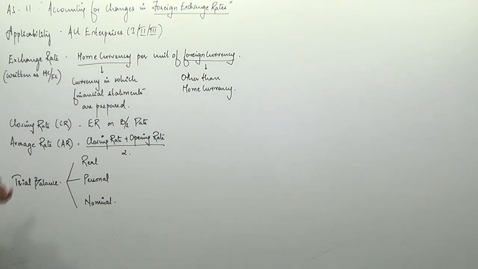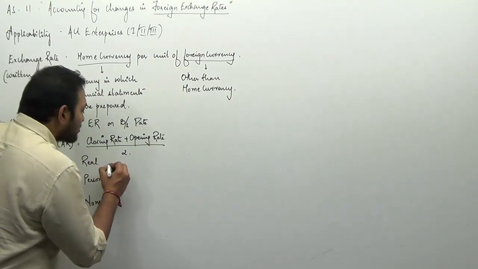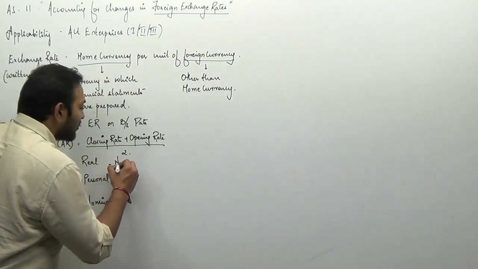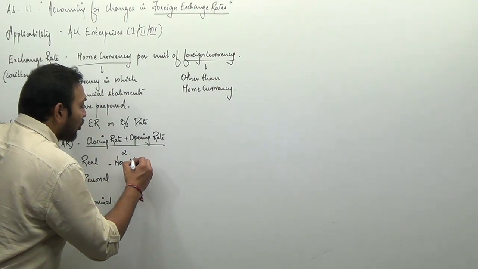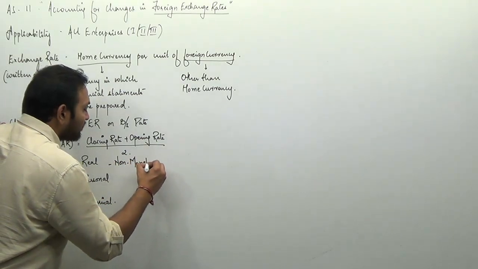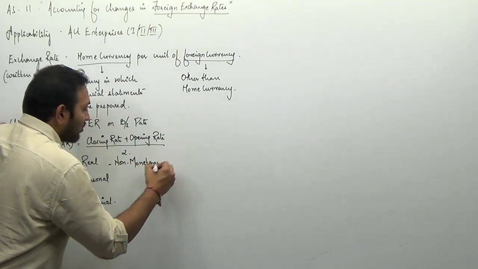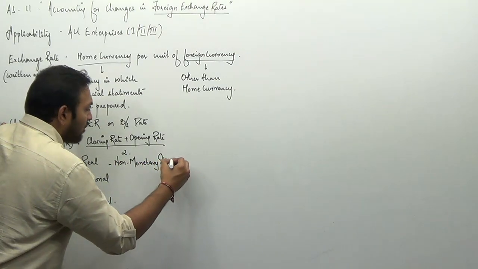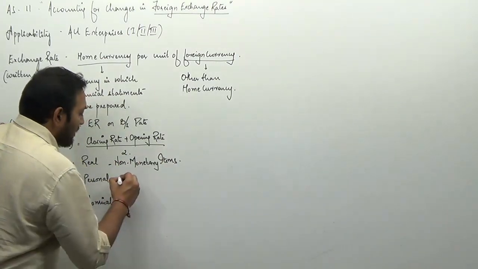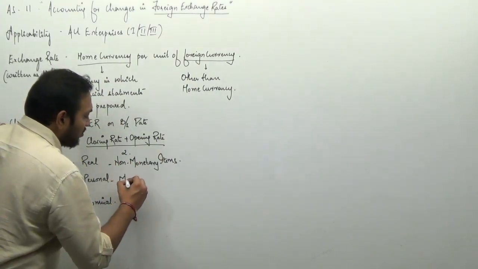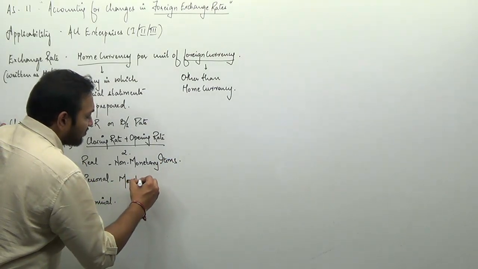Now let me rewrite this. I'll start renaming these three as far as AS11 is concerned. All real accounts are now called non-monetary items. They are called non-monetary items. Personal accounts are called monetary items.